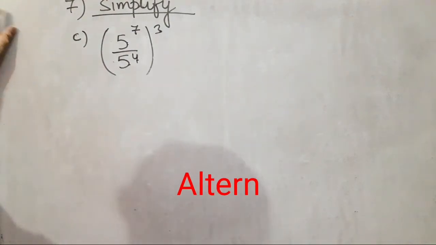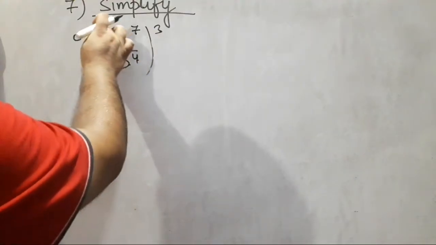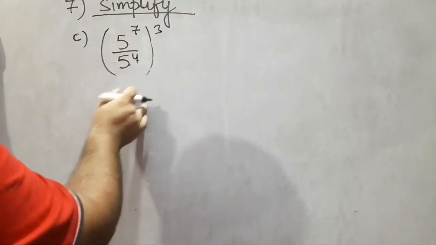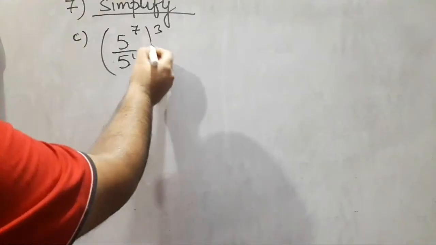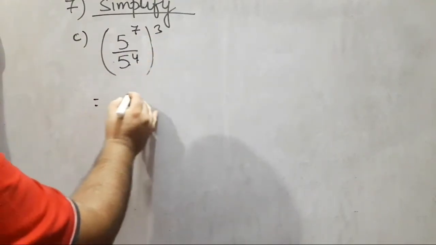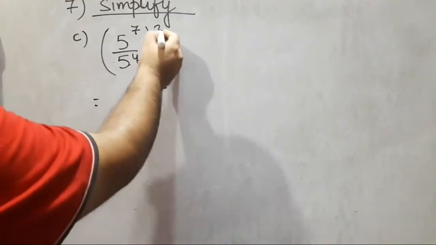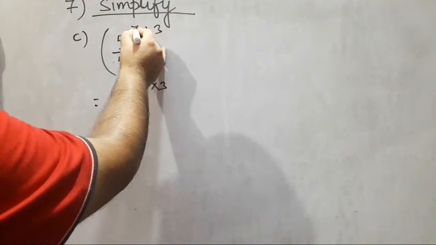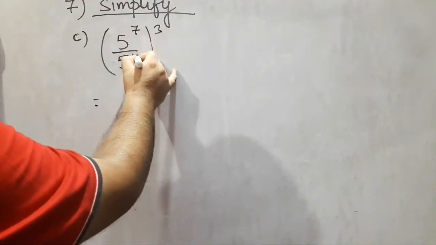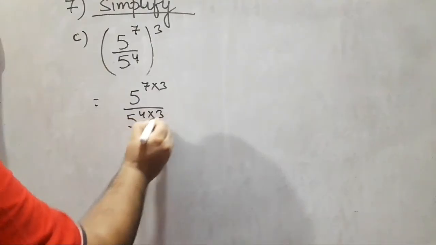Now by another process. Since 5 power 7 and 5 power 4 are inside the same bracket, this power 3 belongs to 5 power 7 as well as 5 power 4. So 5 power 7 into 3, this 3 will be multiplied with this power 7 as well as with this power 4, by 5 power 4 into 3.